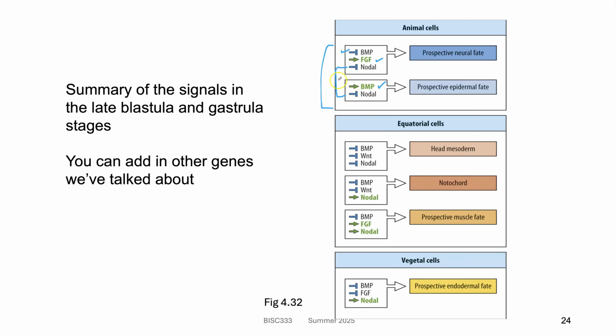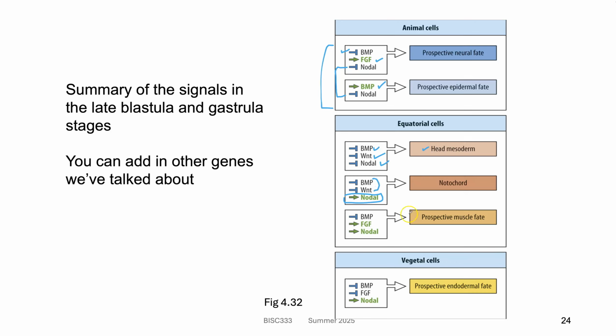Basically, ectodermin is antagonizing nodal function in the specification of mesoderm, right? So nodal is in the equatorial cells specifying mesoderm except the head mesoderm. Everything, BMP, Wnt, and nodal in the organizer region are inhibited, and they are going to form the head mesoderm. Some nodal is required for notochord formation, but the other 2 are inhibited.